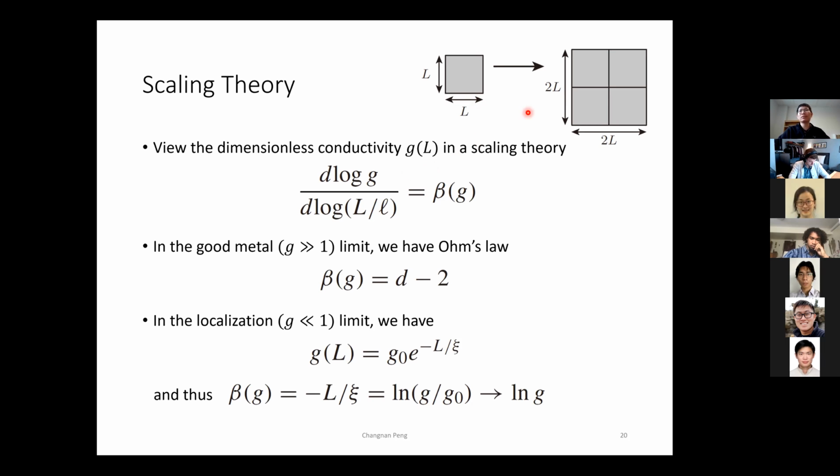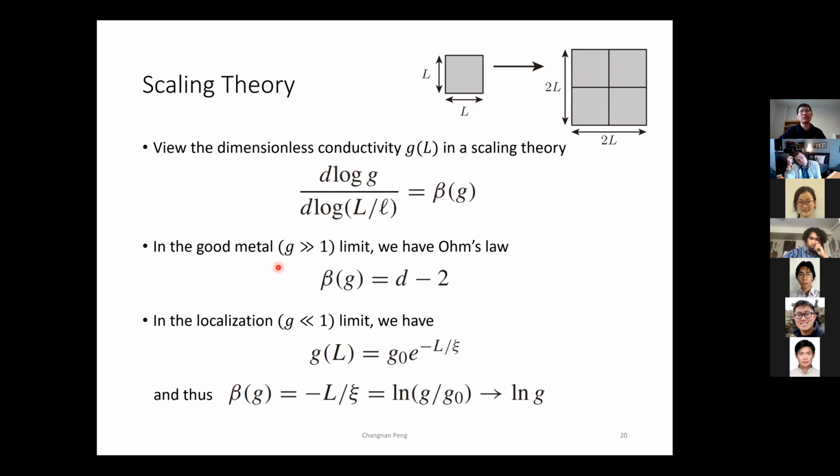We bring L to some larger cubic system, where the side length is increased, and we see how this dimensionless conductance scales with the increase of system size. Suppose the scaling power is beta(g).